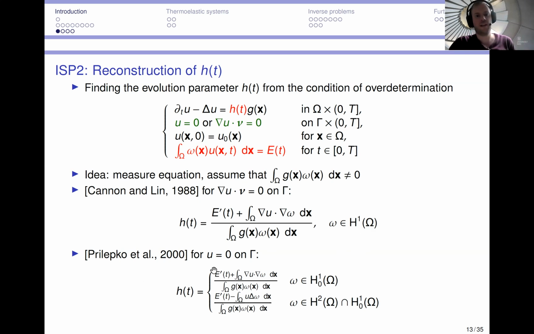Prilepko considers the case that u is 0 on the boundary, then you get this expression for h of t, but you need to assume to get rid of the boundary term that omega belongs to the space H1 0. You can also apply one time more Green's formula, but then you need to assume that omega also belongs to H2.